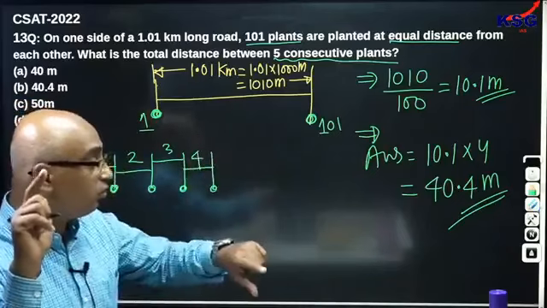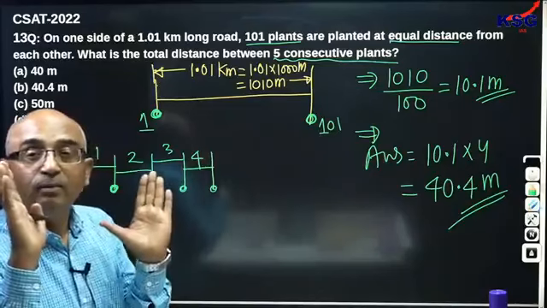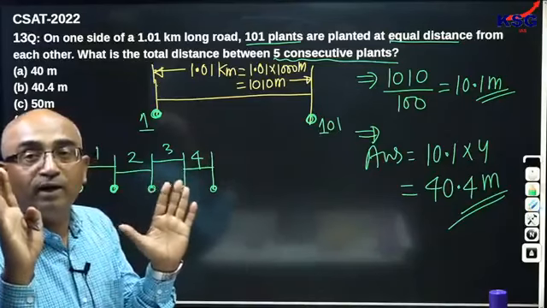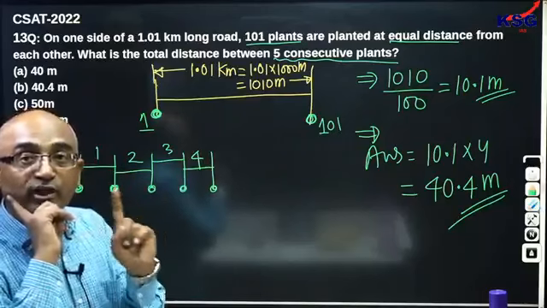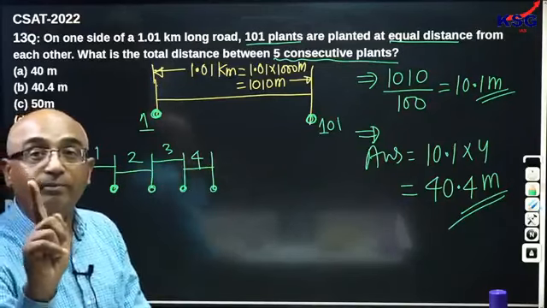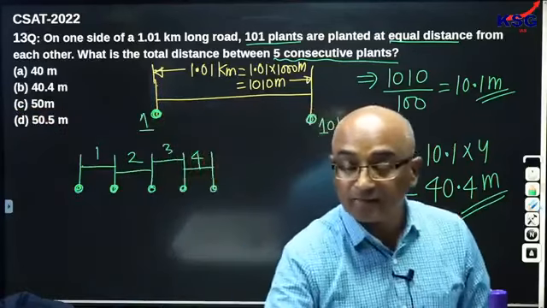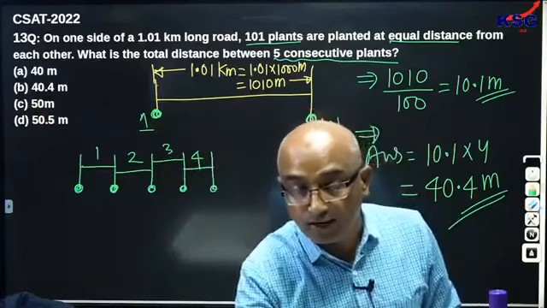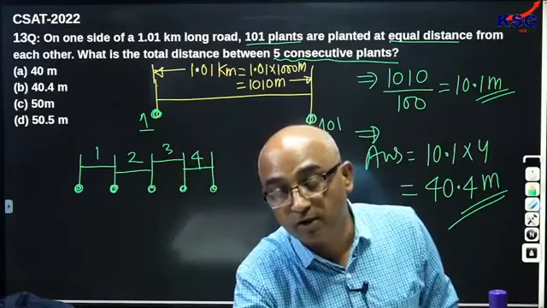Dividing 1010 by 101 is wrong. Between 101 plants, only 100 gaps will be formed. This point you need to understand. So dividing by 100 only will give you the correct answer. Option 50 is wrong; all other options are wrong.